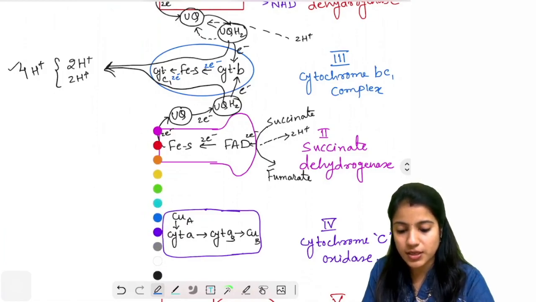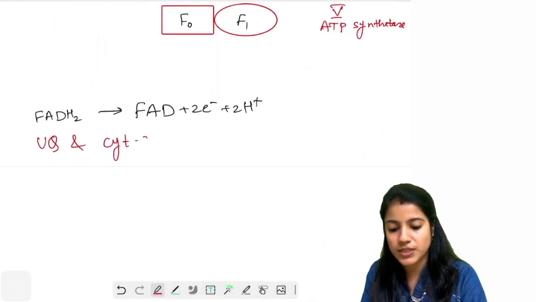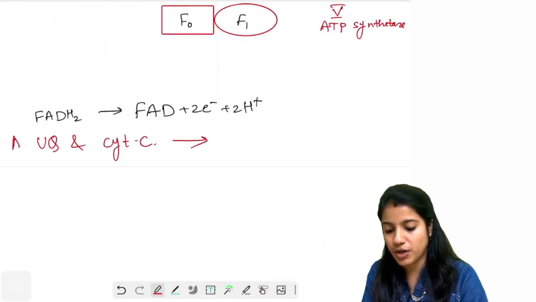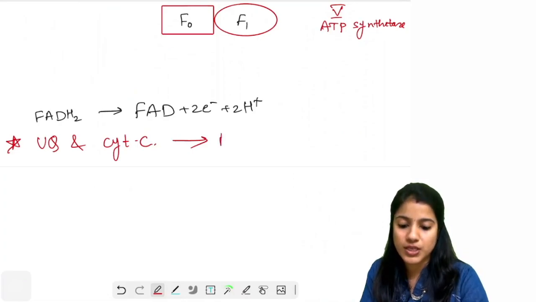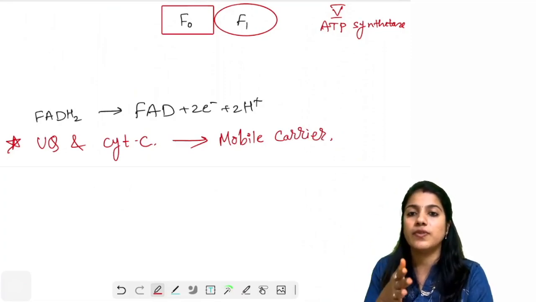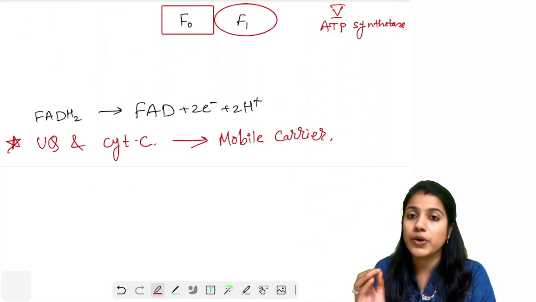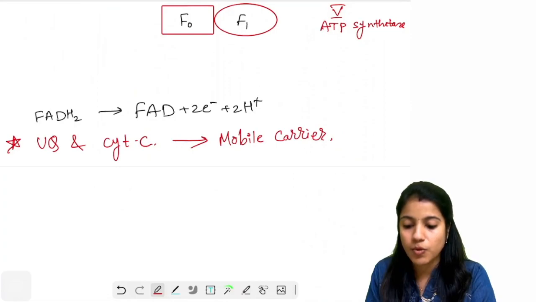So in this electron transport system, ubiquinone and cytochrome C, this point is important. Both these molecules are mobile carriers. All other complexes from 1 to 5 are stable, they cannot move, whereas ubiquinone and cytochrome C are mobile carriers.